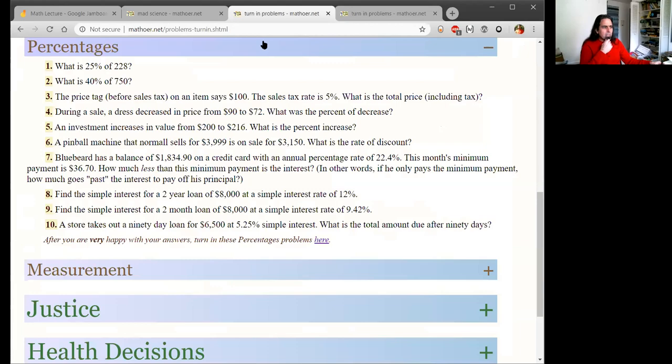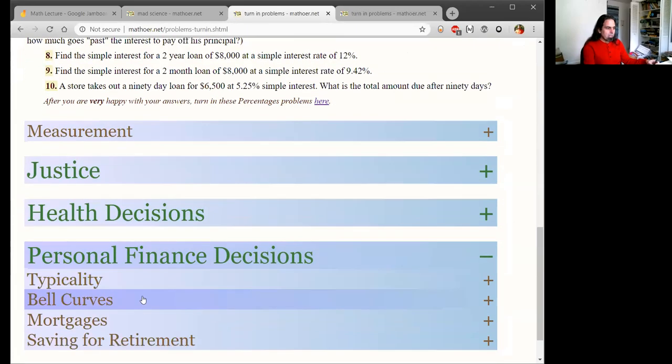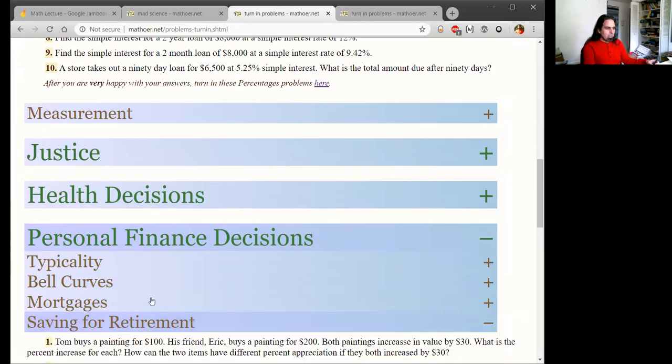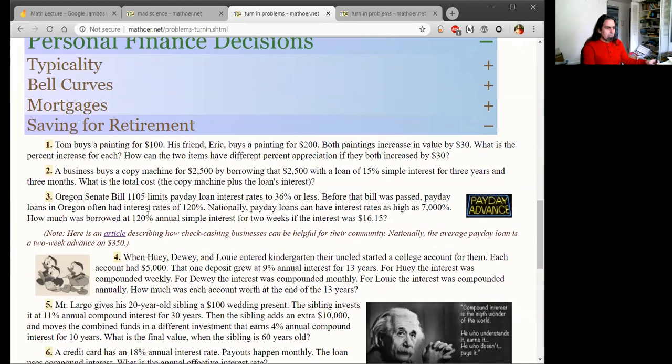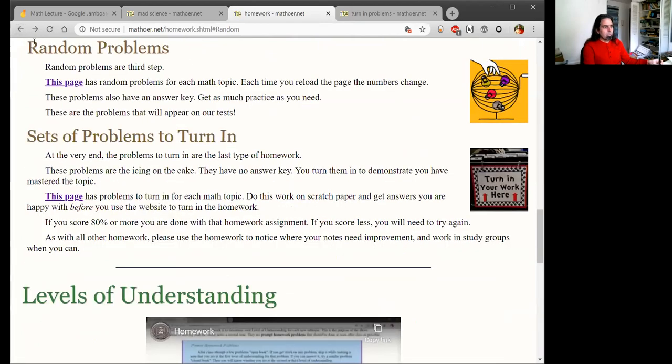Let's see. Not in there. No, there's a Math 25 version. I will just show you real quick. Maybe it's a random one for 20.